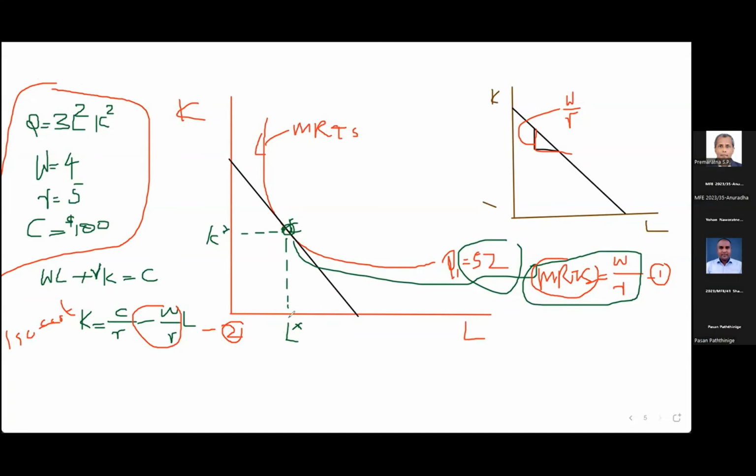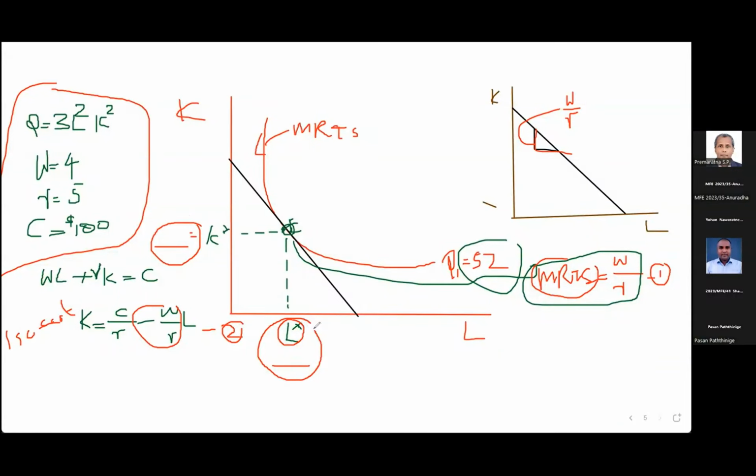Find how many units of labor you recruit at the optimal point, and how many units of capital you recruit at the optimal point. When you recruit this amount, those are the optimal combination of inputs to produce Q2.